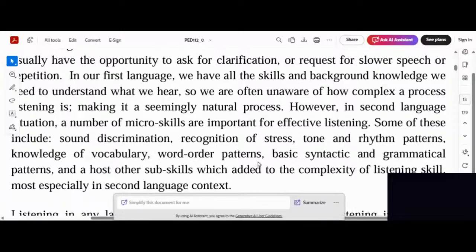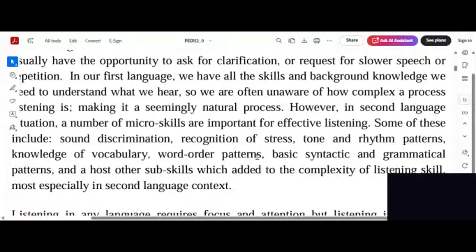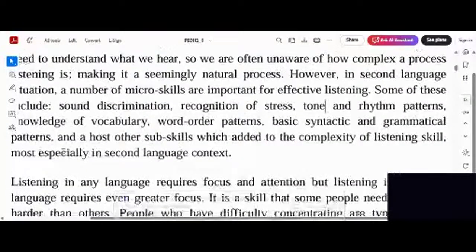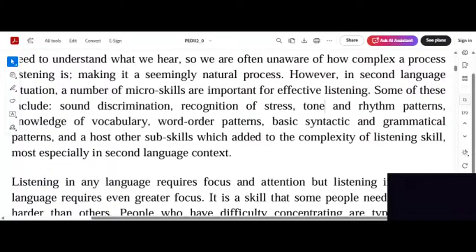Then basic syntactic and grammatical patterns, and we will look at each of these micro skills in subsequent courses. Syntax is the rule of grammar. It shows the arrangement of the grammatical expression.